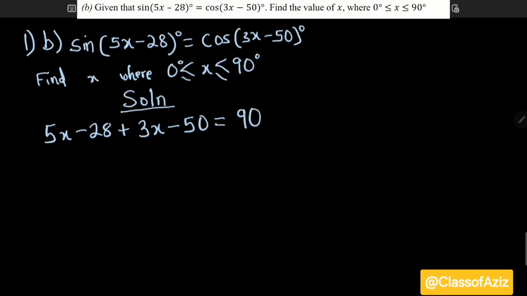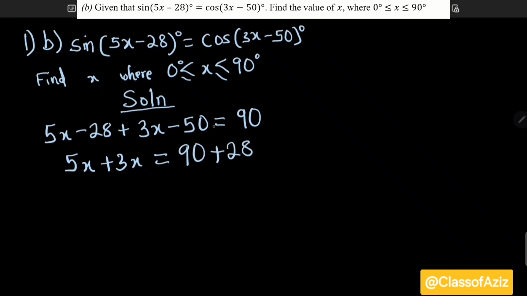Now that we have this equation, let's find the x. So 5x plus 3x is equal to 90. We send the 28 to the other side, so it becomes positive 28.